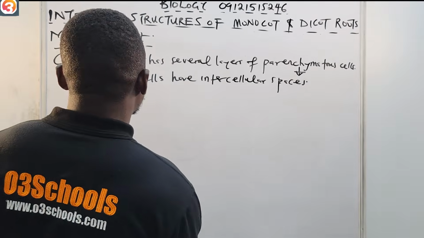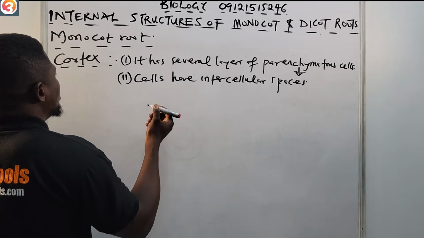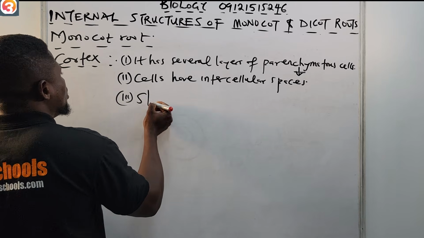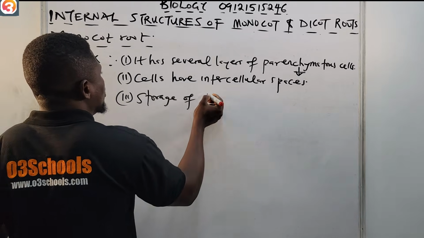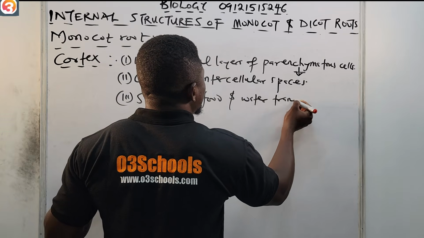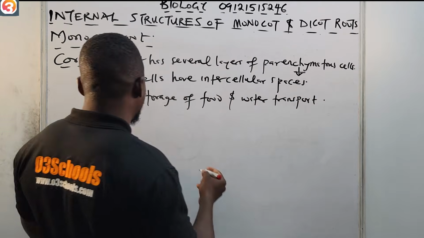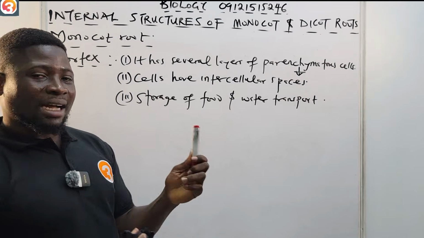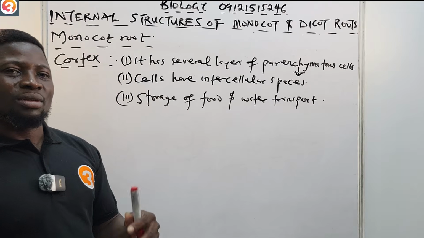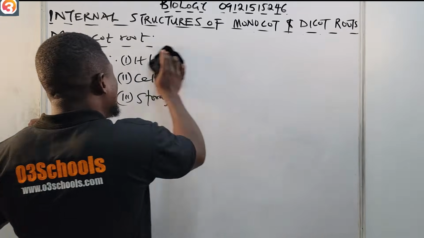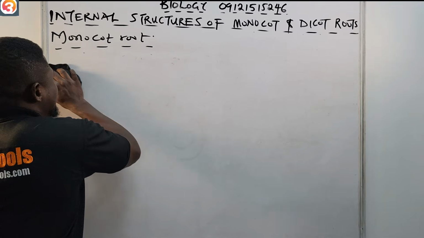Then number three, it functions in storage of food and helps in water transport. So that is that for the cortex of a monocot root. Please just write them down compared to that of the dicot, and you see that they're almost the same. The ones that have differences, we will know very soon, because we are going to look at the differences together.